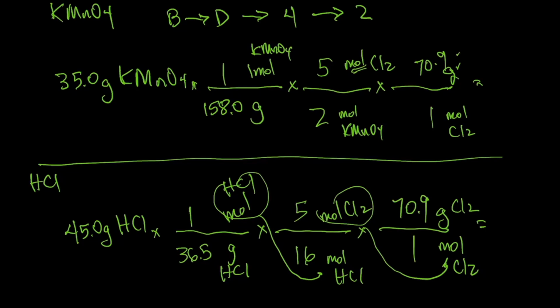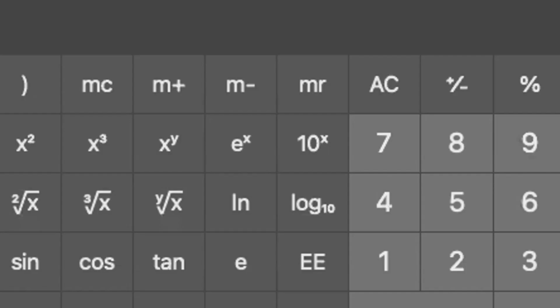Okay, so when you do this, let me share with you my calculator so you guys can see what's going on. So the first one, I'm just going to do 35 grams, and I'm going to divide by 158.